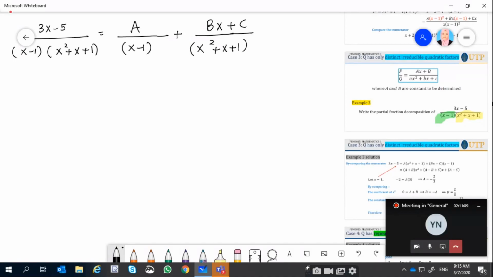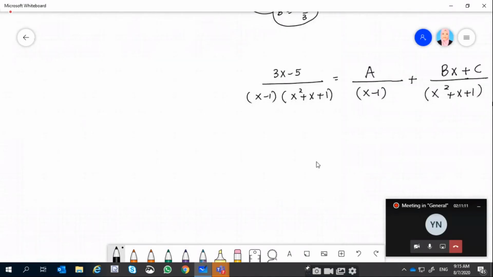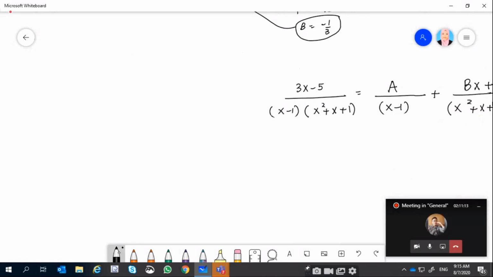Basically, when you have a linear factor, you just write A, a constant, which is s to the power of 0.